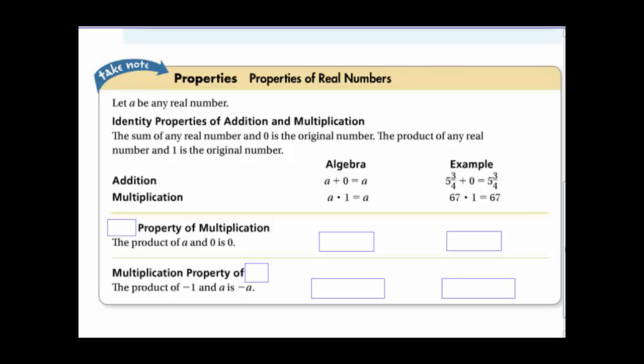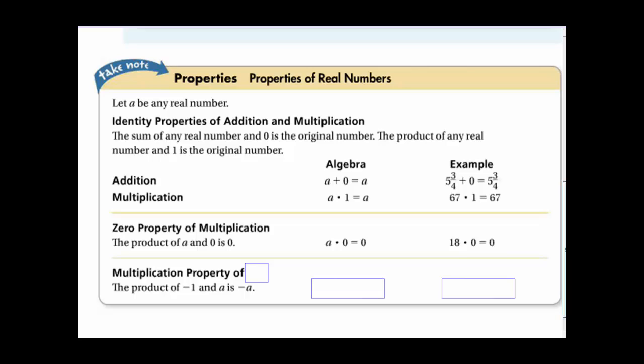A property of multiplication: the product of A and 0 is always 0. This is called the zero product property, or zero property of multiplication. Meaning, if we take anything that we have, variable or number, times 0, you should get 0. It doesn't matter if it's 18, 52, 30, or 2/5, you still get 0.